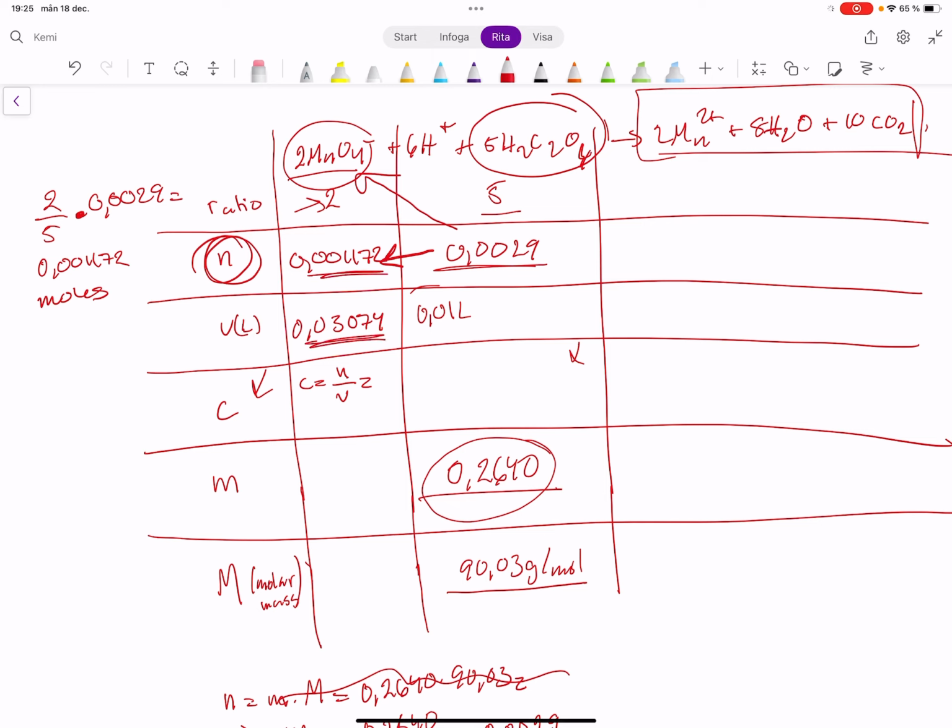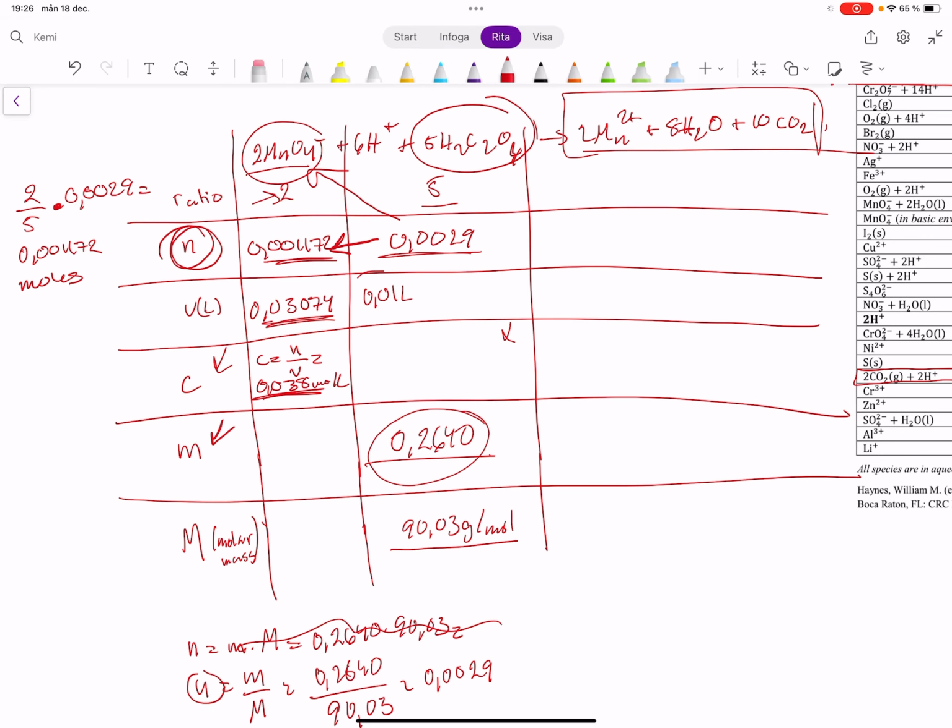So you divide that by 0.03074, you get 0.038 mole per liter. If the question asks for the mass, you could calculate it. But here they would most often ask about the concentration, and now you have the concentration. You could also calculate the concentration for oxalic acid if that would be interesting for you.